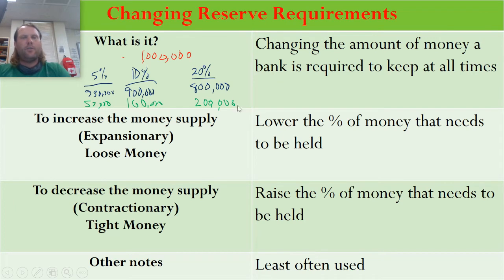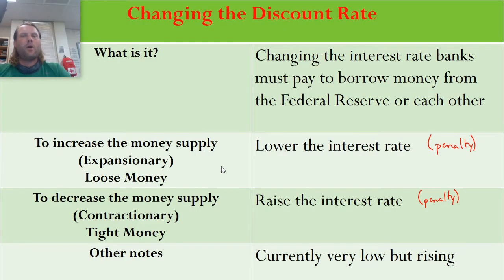They've got to have that in there no matter what. If they go below it, if they screw things up and go below it, they've got to borrow money from another bank or each other. Now, this discount rate is simply another way of saying interest rate. And this interest rate is what banks have to pay each other if they have to borrow money from each other.